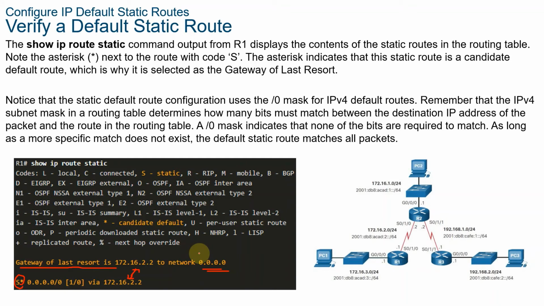Remember that the IPv4 subnet mask in a routing table determines how many bits must match between the destination IP address of the packet and the route in the routing table. The /0 mask indicates that none of the bits are required to match. As long as a more specific match does not exist, the default static route matches all packets.